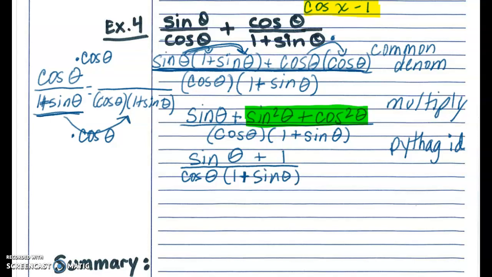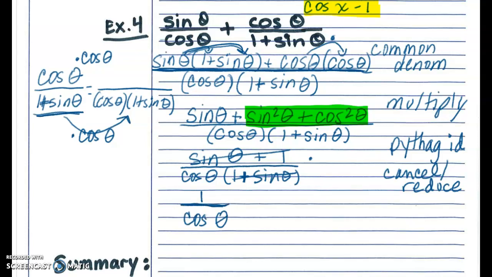Okay. So now look top to bottom. Look at your numerator versus your denominator. See anything in common? Is sine theta plus 1 on the top the same as 1 plus sine theta on the bottom? So yes, you cancel or reduce, whichever way you want to think about it. So this cancels with this, and we're left with 1 over cosine theta.